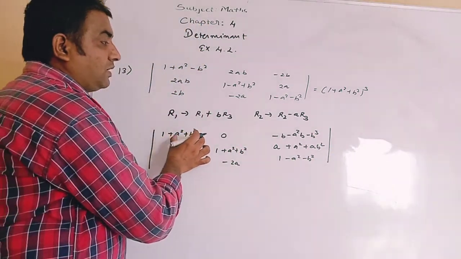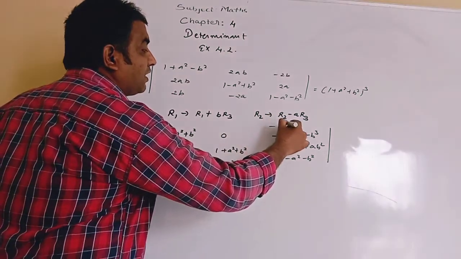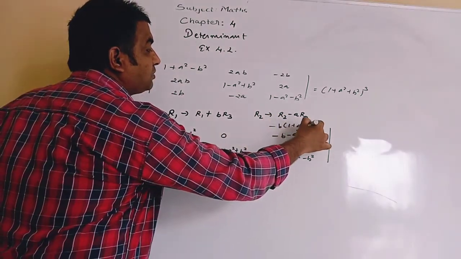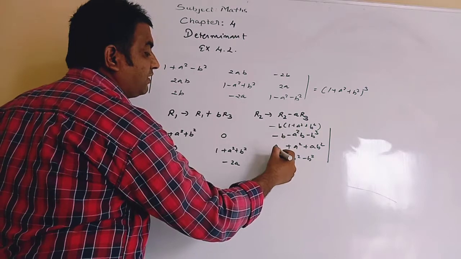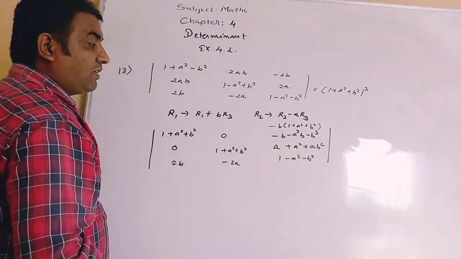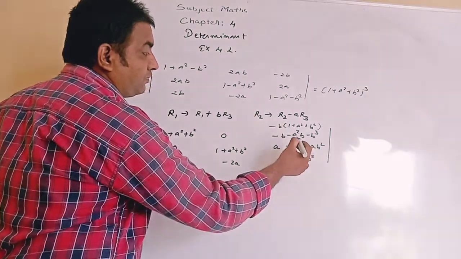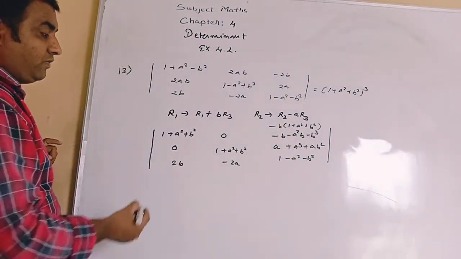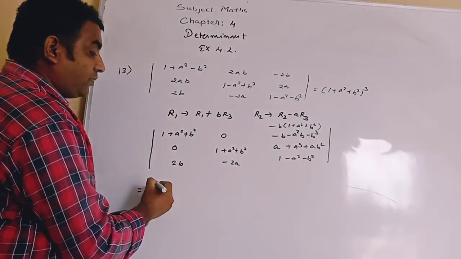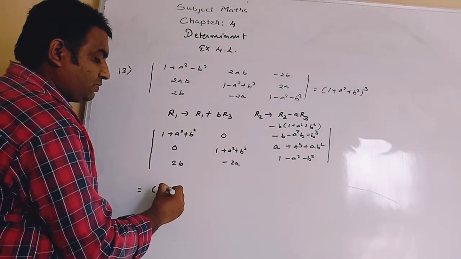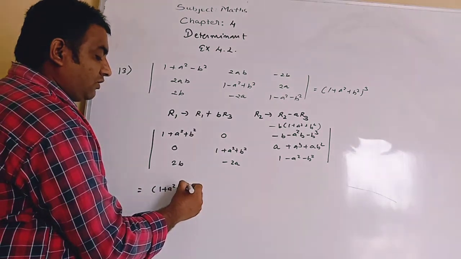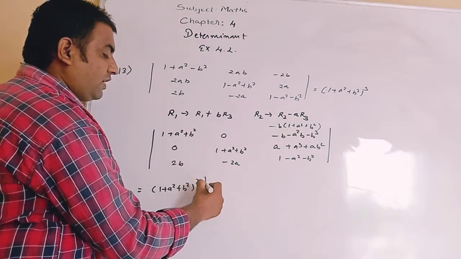So here 1 + a² + b², here −b we take out common, then 1 + a² + b². Same here, plus a we take out, then it is 1 + a² + b². Sorry, here a³ will come. So from the first and second rows, 1 + a² + b² is common. So it will be squared, from both the rows we are taking out.